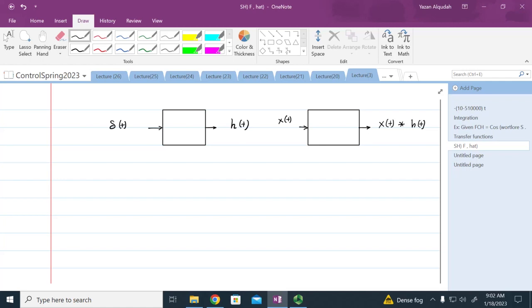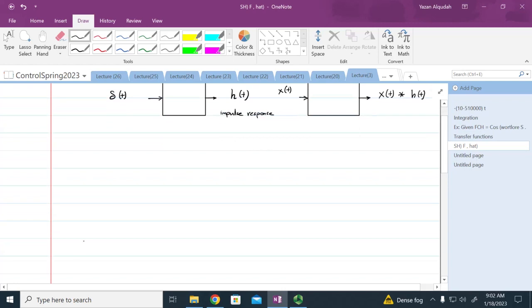This is very important. If I have a system, I apply the delta, I get h of t. This is the impulse response. If I apply any other input, I can find that output by convolving that input with h of t. Okay. Now, why is that? How is that related to our discussion?